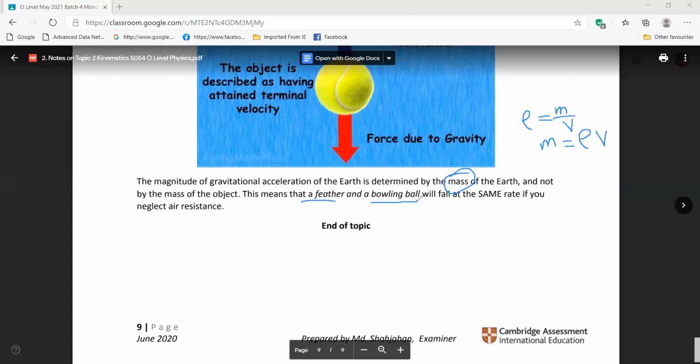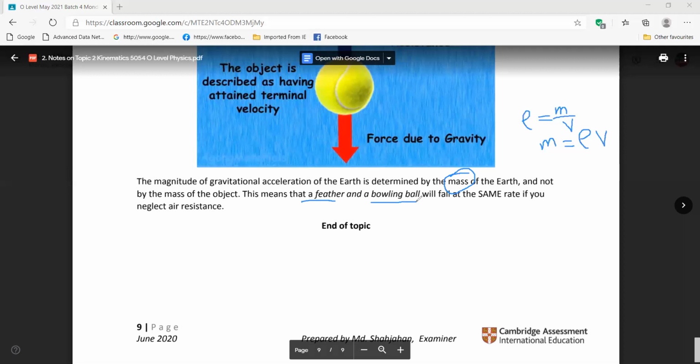Every object, if I drop you from a 5-story building, the way you will go down with that acceleration, the same way an ant will go if there is no air resistance working. Because the acceleration depends on the attraction from the earth, the gravitational force coming from the earth core. Is it clear to you?